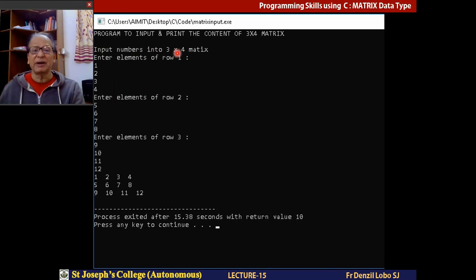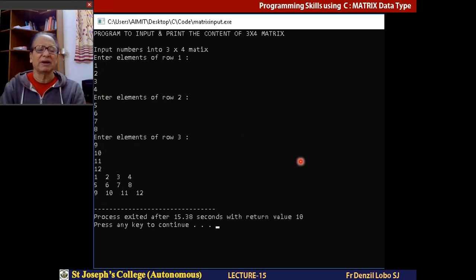Input numbers into a 3 cross 4 matrix. I have entered 1, 2, 3, 4 into the first row, enter elements in the second row, 5, 6, 7, 8 I have typed, and enter elements of the third row, 9, 10, 11, 12, and this is printed as 1, 2, 3, 4, first row, second row, third row. So this should be the output.